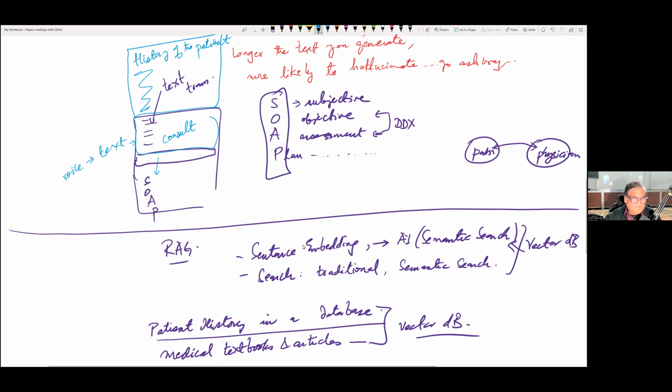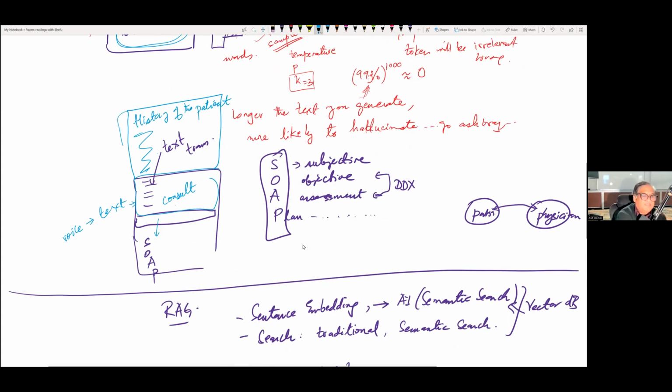So let's go back to this picture. You see that there's the history. Where would the history come from? It can easily be pulled from the search and so on and so forth of the patient, or straight from the database. I think the history we just pulled straight from the database in our particular case. But what we also did after a little while is, here we put relevant facts.